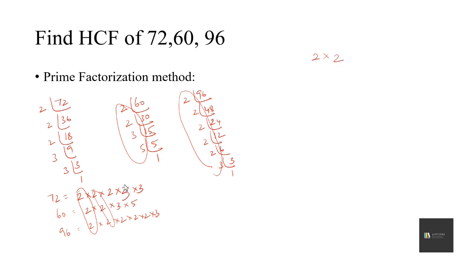Next, we have 3 in common to all the numbers. So the HCF of 72, 60 and 96 is 12. So you can see that we are taking all the common factors and we are taking the highest of it.